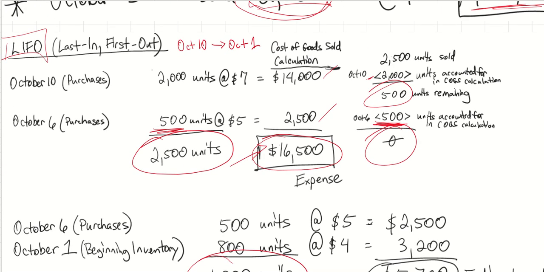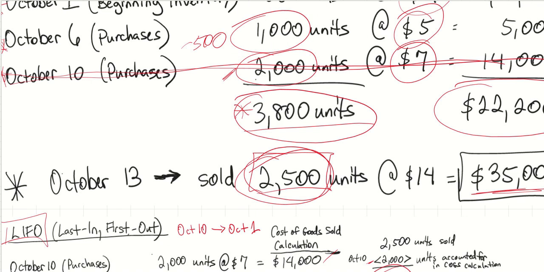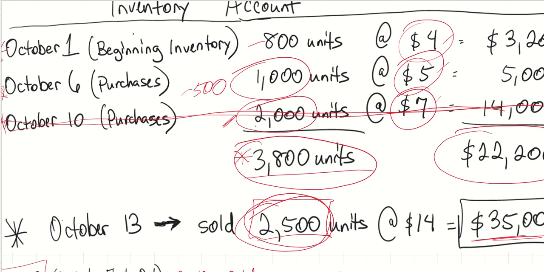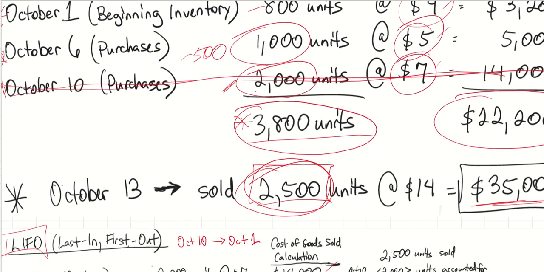So that's why, when using the LIFO method, the cost of goods sold in this example is higher, and this is due to rising prices. At the very beginning, October, you have $4, and it goes from $4 to $5, and from $5 to $7. So it increases due to rising prices as time goes on.